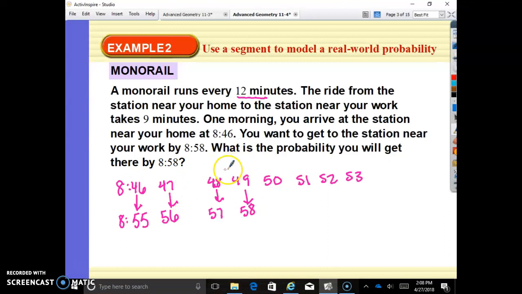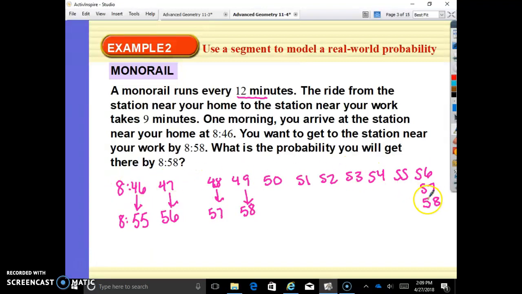What is the probability that you'll get there? So it's going to be 1 minute, 2 minutes, 3, 4, 5, 6, 7, 8, 9, 10, 11, 12.